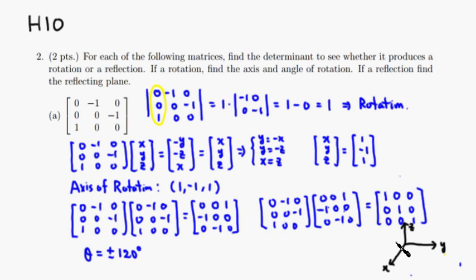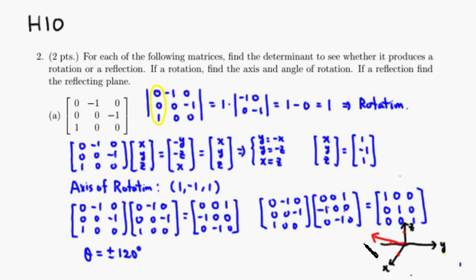The axis of rotation is pointing this way: positive 1 in x and negative 1 in y. I'm going to extend the y-axis this way, so you can see the axis of rotation points this way.